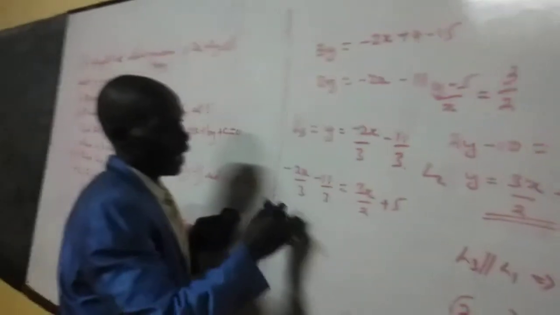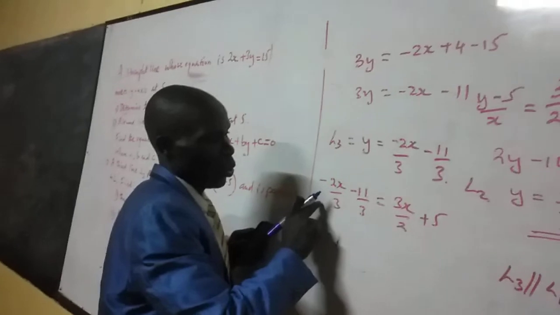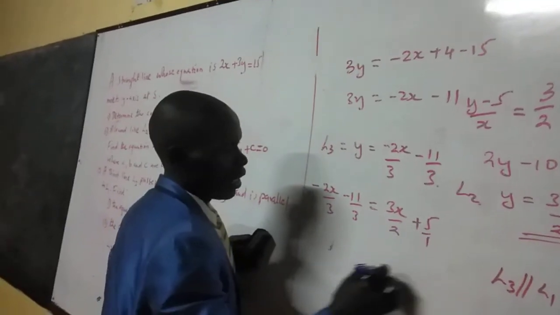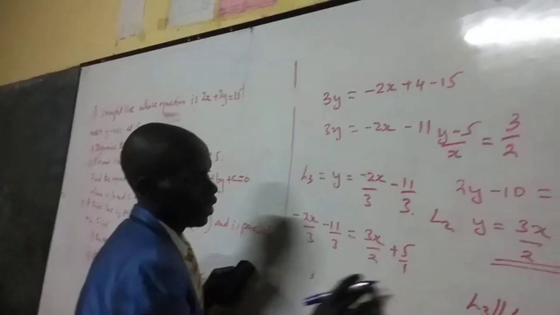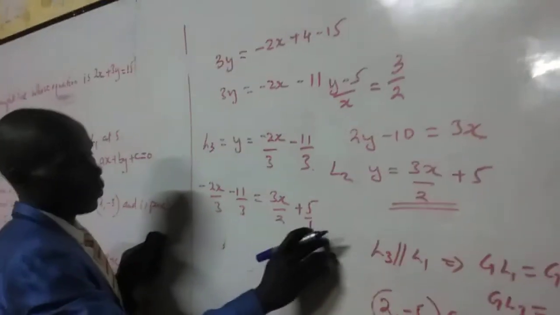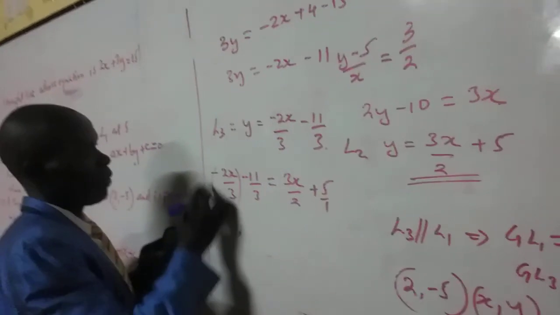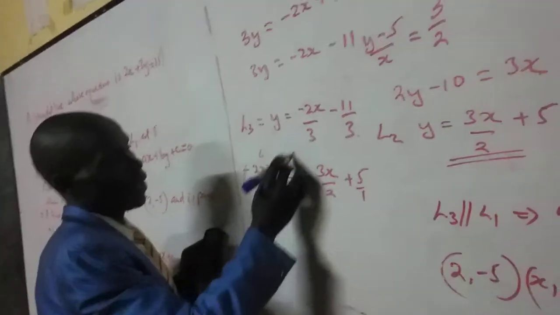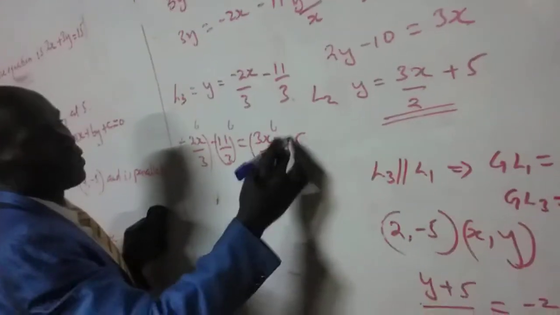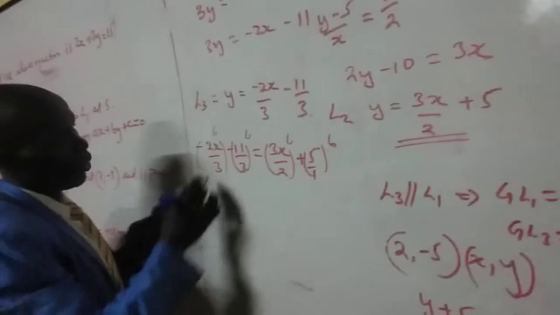Now, before we collect like terms, let us multiply through by the LCM. The LCM of 3, 3, 2 and 1 is 6. So we multiply here by 6, here by 6, here by 6, and here by 6. So what do we have?